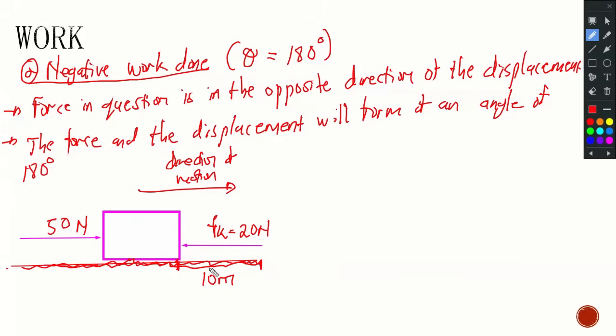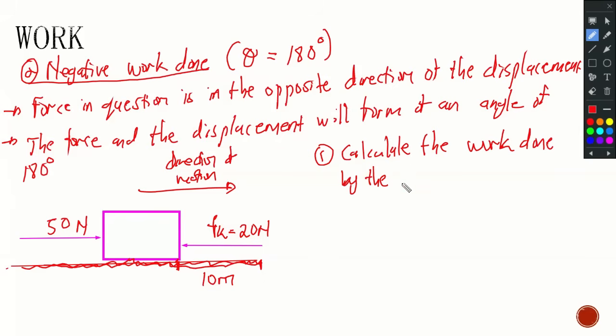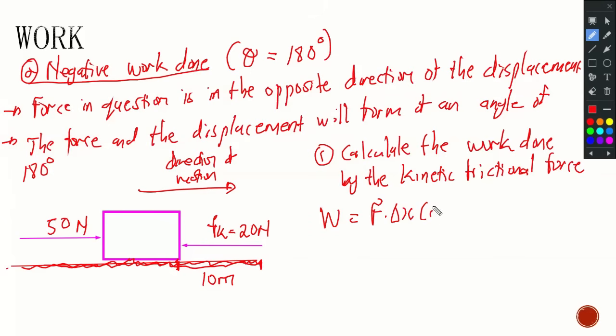Now, let's say the question says, calculate the work done by the kinetic frictional force. We can see that the force in question is the frictional force, which is opposing the motion of the object. We're going to say work done is equal to F delta X cos theta.